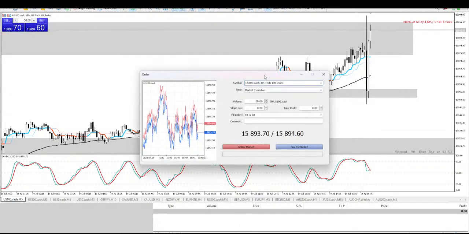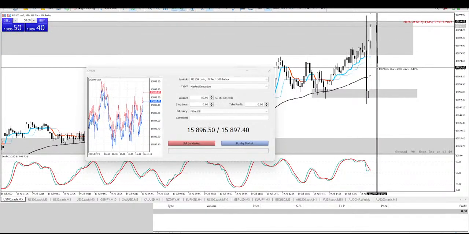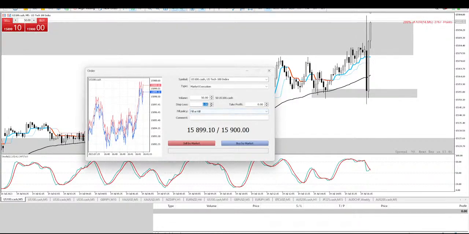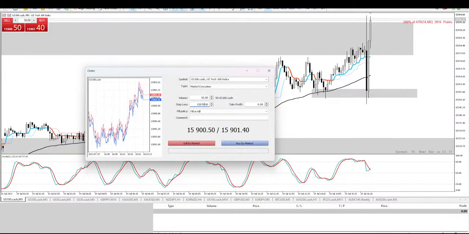If we do go long, let me see. Entry, SL about here, 15,870. Let's see, maybe.